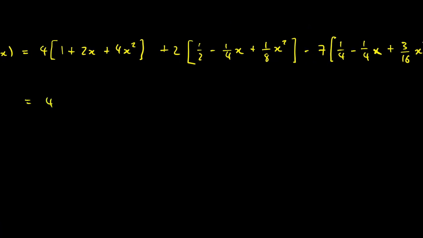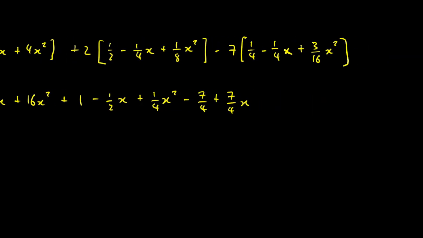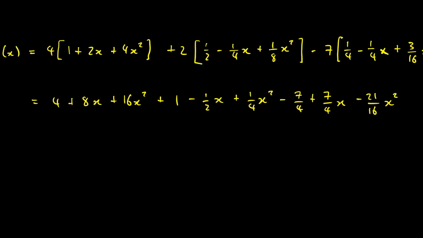So I'm going to get 4 plus 8x plus 16x squared plus 1 minus a half x plus a quarter x squared minus 7 quarters plus 7 quarters x minus 21/16 x squared. Okay, so let's add up all the constant terms.